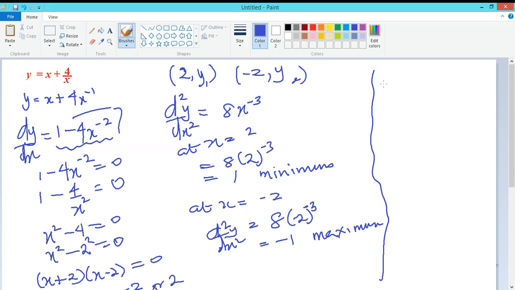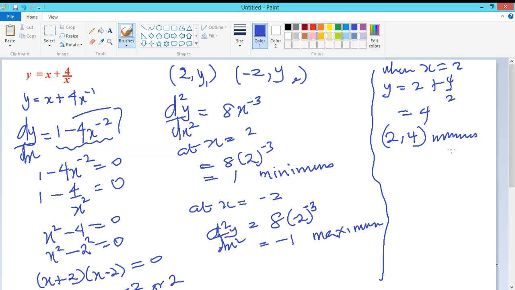Then I come here to find the corresponding y coordinates. When x is equal to positive 2, y is equal to 2 plus 4 over 2, and that is 4. So I have 2, 4 as my minimum point.